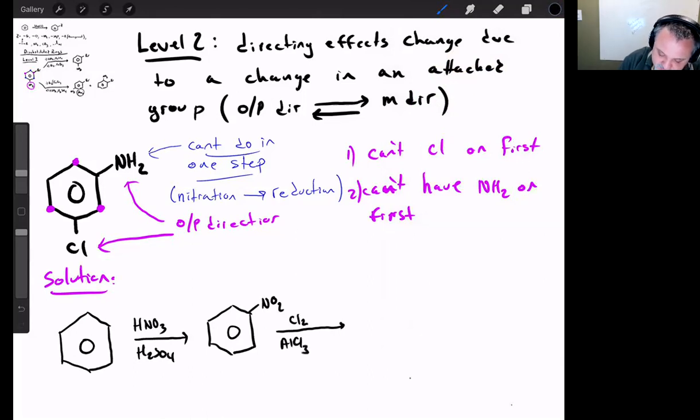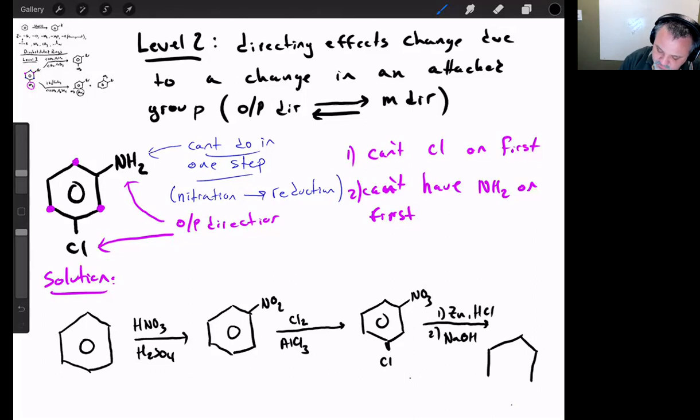So if I add the chlorine next, it will do the directing that I want it to. In other words, chlorine will be directed to the meta position. And now I can reduce the nitro group to get the amine group that I want.